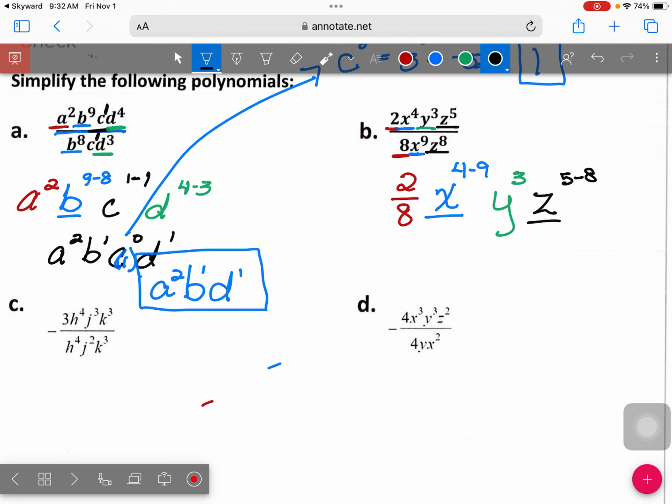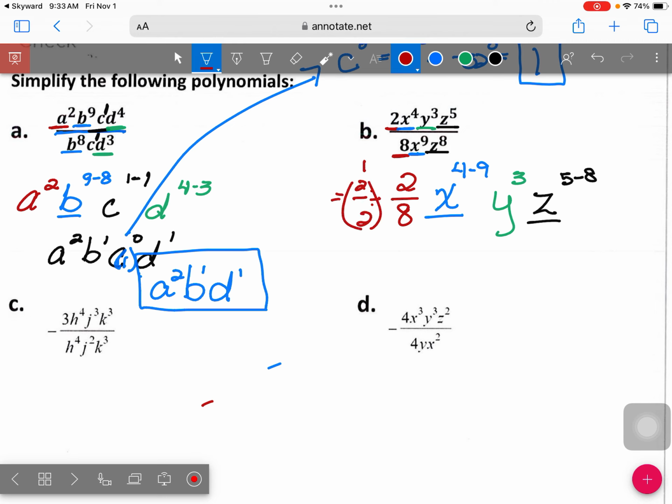All right, 2 divided by 8. I can simplify that. That is a fraction. What does that reduce or simplify to? Or what can I divide both of those by? I can divide both by 2, right? 2 over 2.